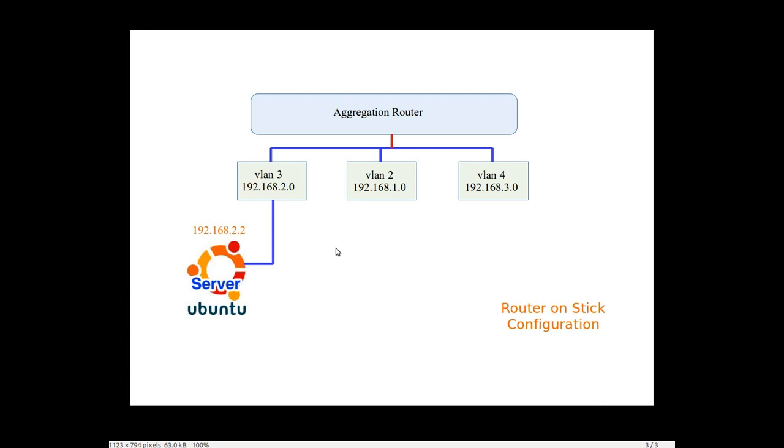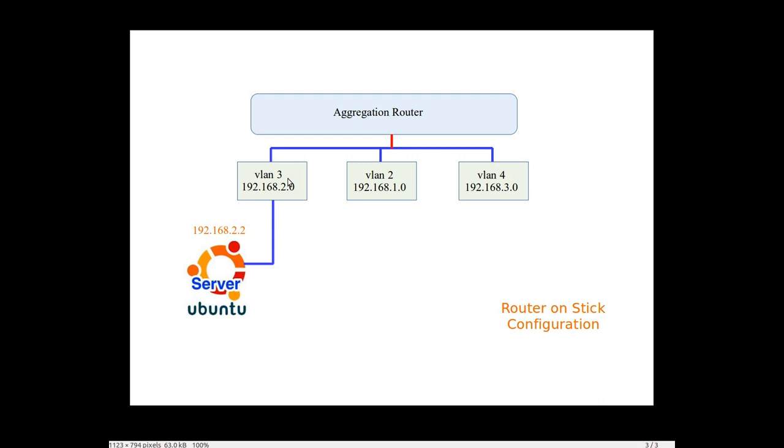So I have configured 3 VLANs on a switch, VLAN 3, VLAN 2 and VLAN 4, and each VLAN has its own subnet, and the DHCP server connected to VLAN 3 should lease certain IP addresses according to the VLANs configured on the switch.